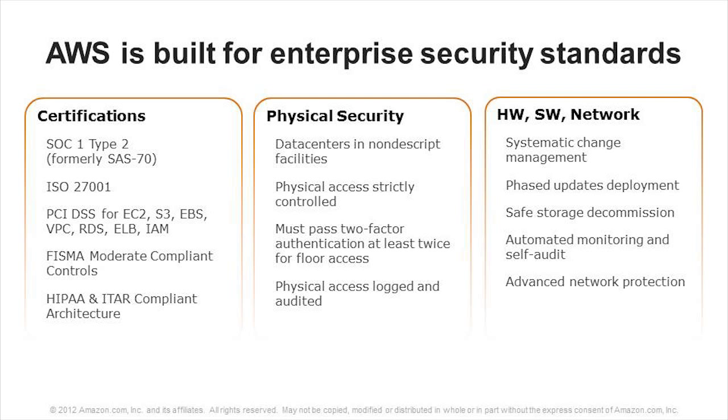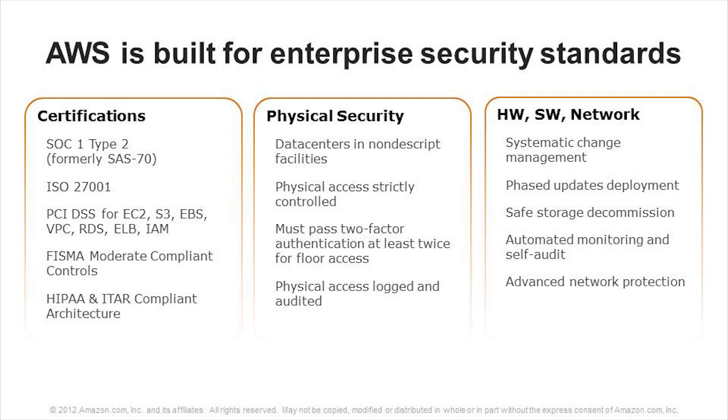And then at the hardware, software, networking level, we're extremely methodical when it comes to change management. We have a very well documented and controlled procedure. When we roll out changes into the various systems that comprise AWS, those are always done on a phased model. They're always done on a part of an availability zone at a time. And then as we roll those out, we carefully test those and then roll those out across the remainder of the network.